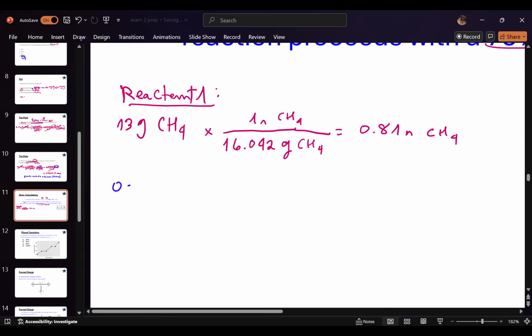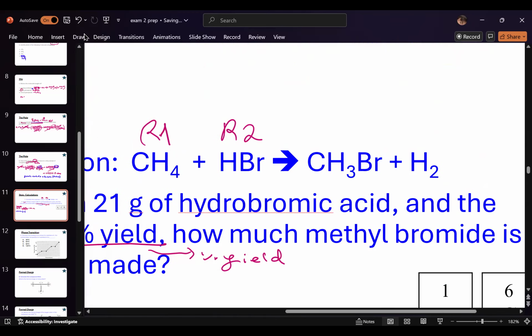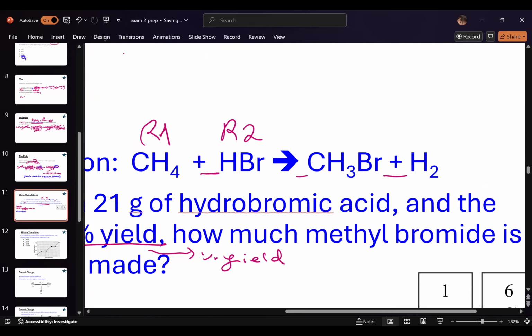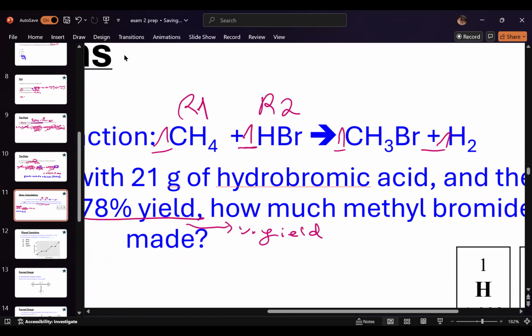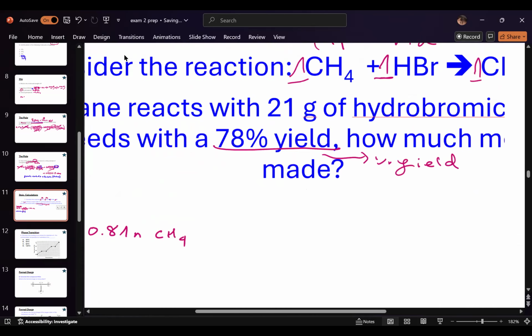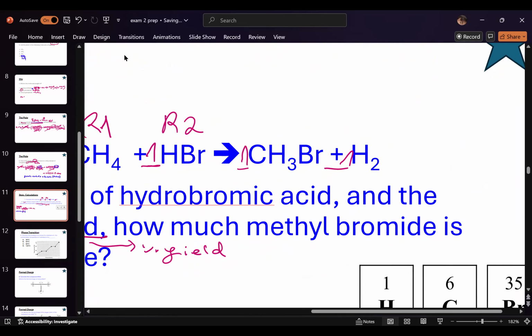So you start with 0.81 moles of methane, and here you're gonna do a ratio, a dimensional analysis of the stoichiometric numbers. Because this is balanced, everything has a 1. So the ratio will be 1 mole of the product that we're focusing on. You're like, we have two products, methyl bromide and hydrogen.